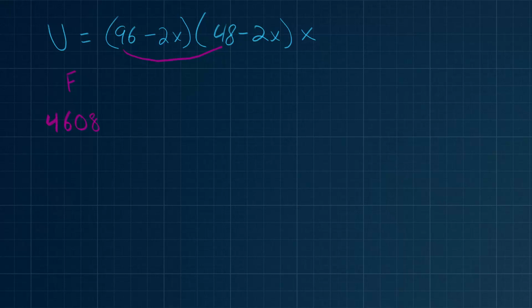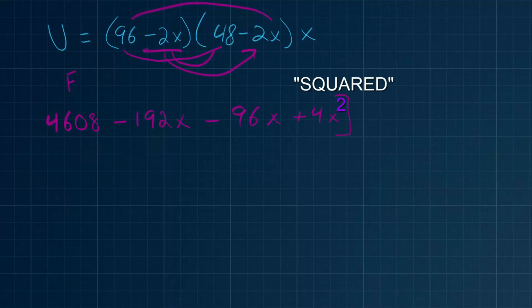The outer terms, negative 2 times 96 is 192, so that's negative 192x. Our inner terms, negative 2x times 48 gives us minus 96x. Negative 2x times negative 2x gives us positive 4x squared. And this is just the first 2 binomials. We still have the x term on the outside.